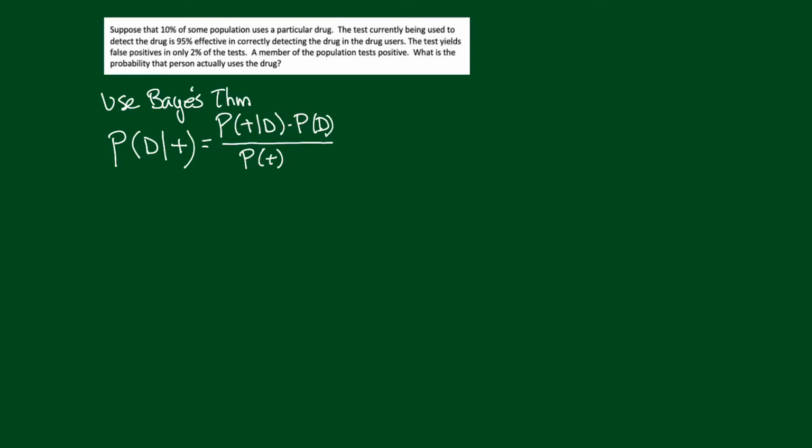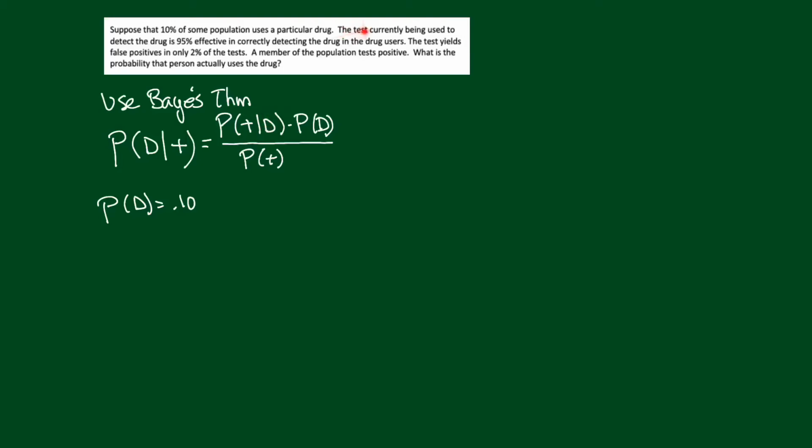We need the probability of the drug. Well, 10% of the population uses the drug, so I do know this one. The probability of using the drug is 10%. Now, what about this one here? This is the probability of a positive result given use of the drug.